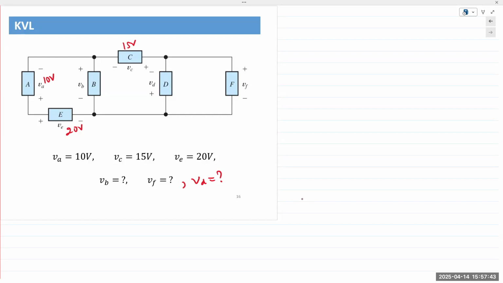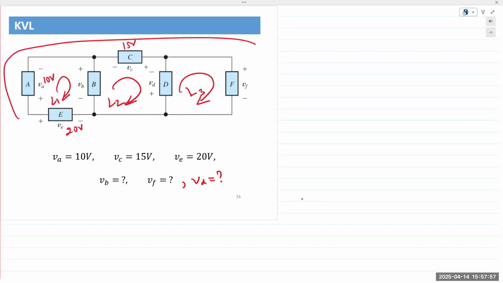If you take a loop, loop 1, L1, L2, and let's call this L3, and I'm going to call this loop 4. I can find VF directly because I have VA, VE, and VC. But the easier way to do it is finding VB and then finding VD.